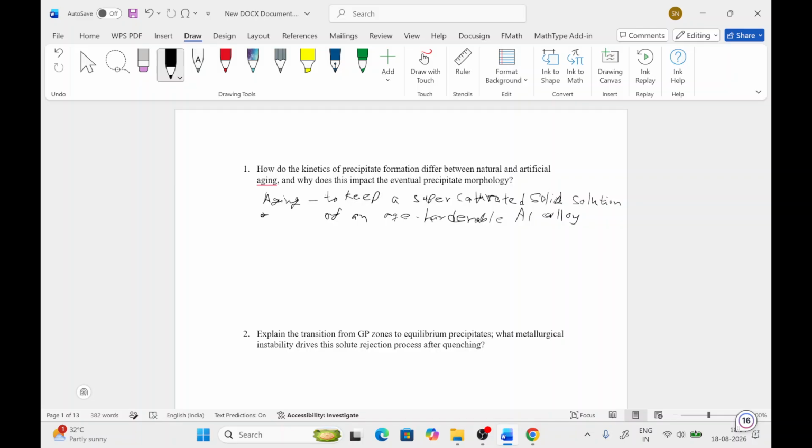So if we do aging at room temperature, that is called natural aging.